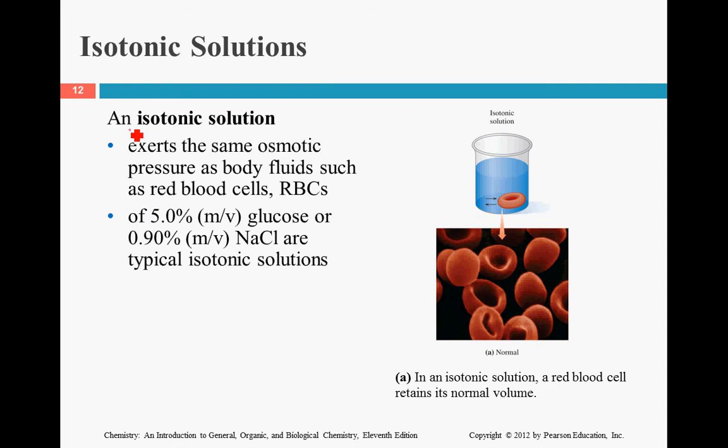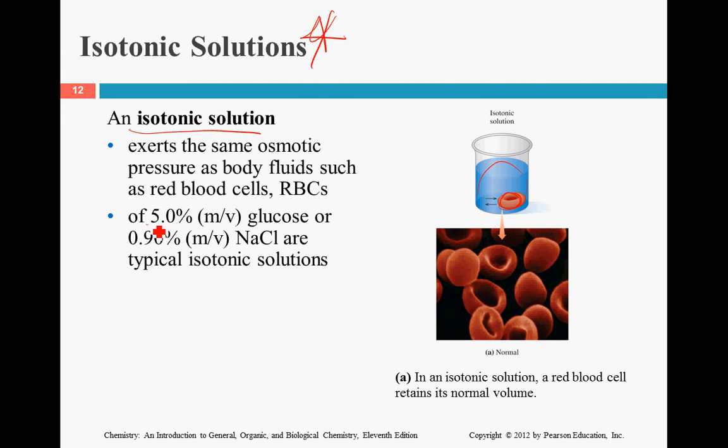For instance, isotonic solution. That's the key term that you need to know. Isotonic solution is one, the solution in the IV that you add to somebody's bloodstream, that is the exact same pressure as the blood cell itself, the red blood cell itself.